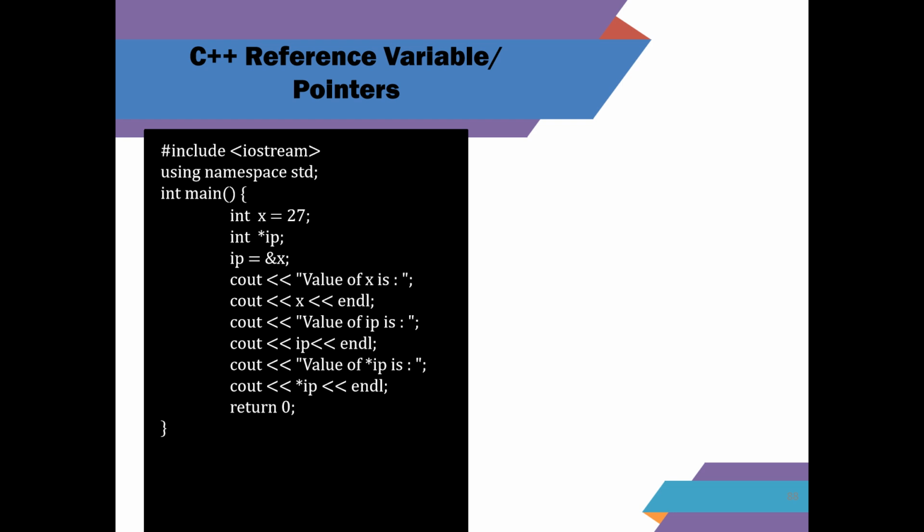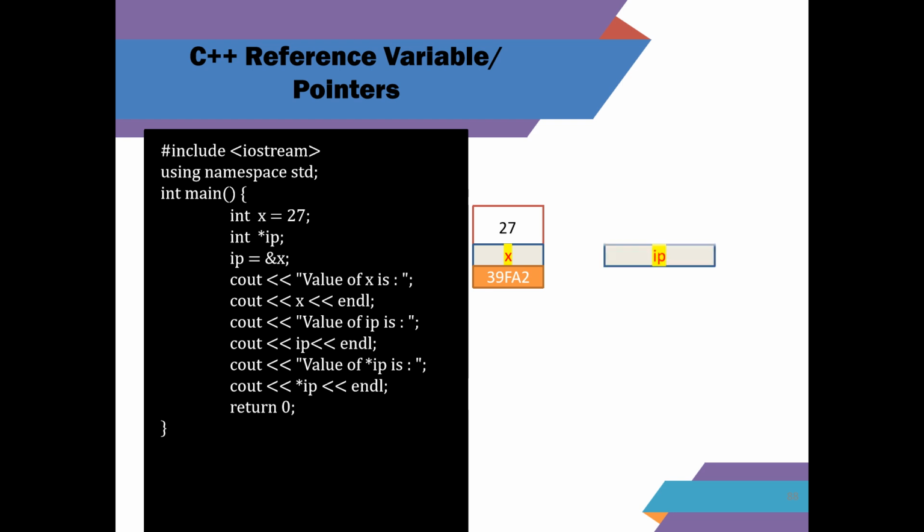Now we start printing things to the screen. Here cout is used to print the data on the screen. Here x is the variable name holding the value 27, and the address of the 27 is 39FA2.